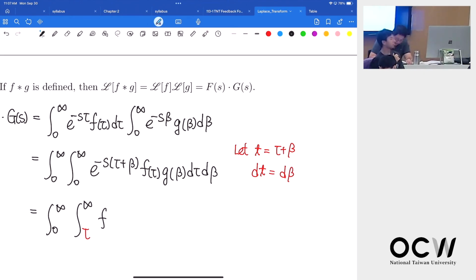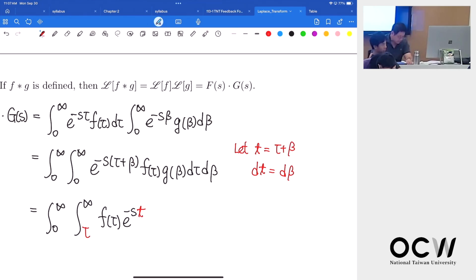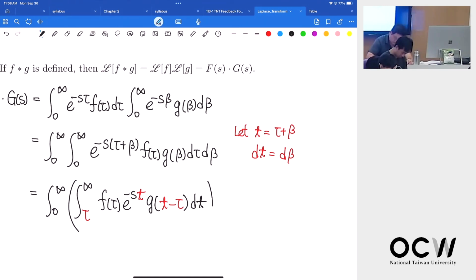And I have f of tau, e to the minus s t, and since there's no beta anymore, beta becomes t minus tau, so g of t minus tau, dt and d tau.